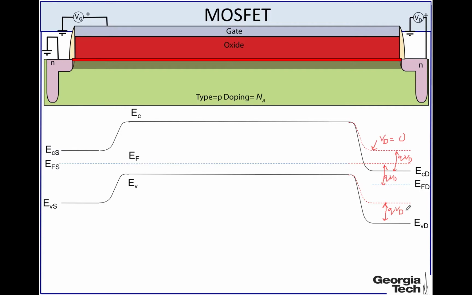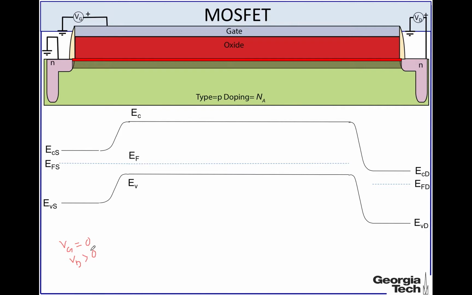All right, now let's see how the energy bands change when you have a gate voltage. Here, this is the case when you have Vg equals 0 and Vd larger than 0.